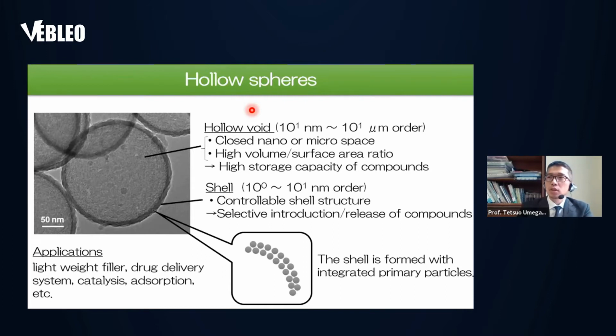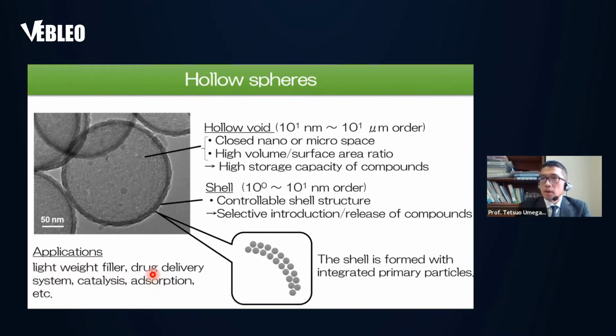In addition, the shell structure, like its thickness, can be controlled with nano size, and compounds can be selectively introduced or released through the shell. From these features, hollow spheres attracted much attention in many potential applications shown here.